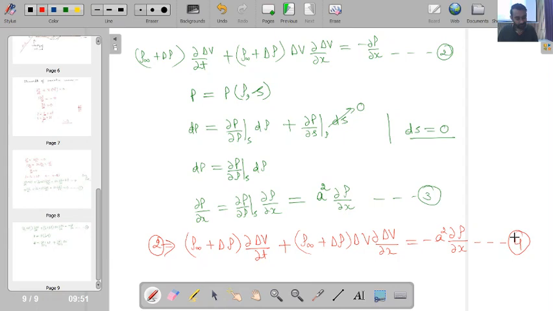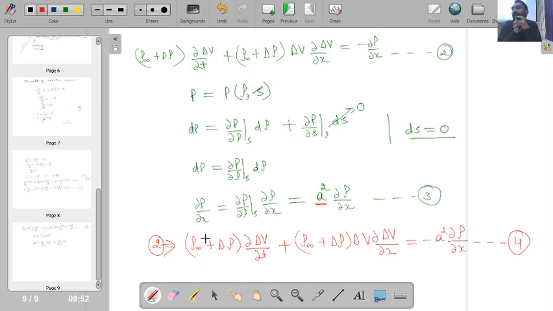But till now, this constant a square we have obtained is for any arbitrary pressure gradient del P by del x. Ultimately our aim is to represent all the parameters in terms of known properties.